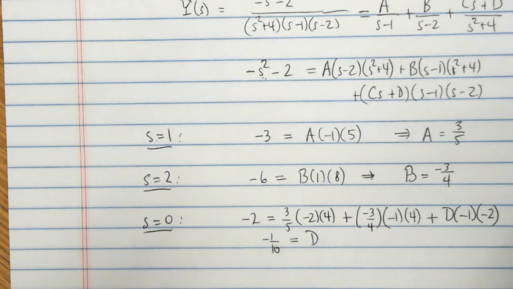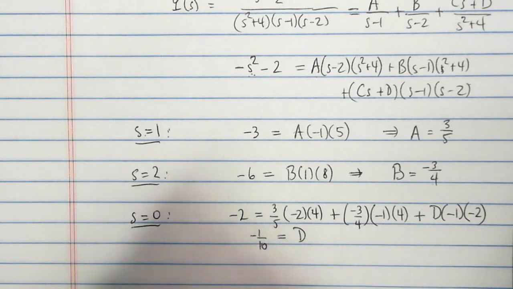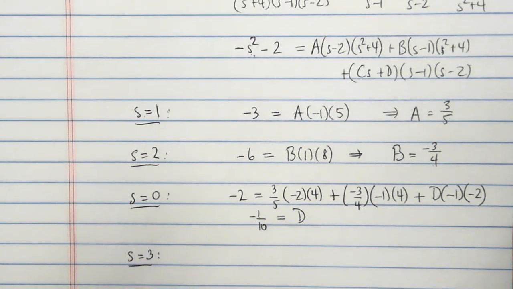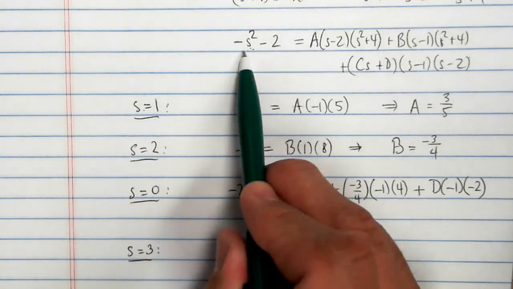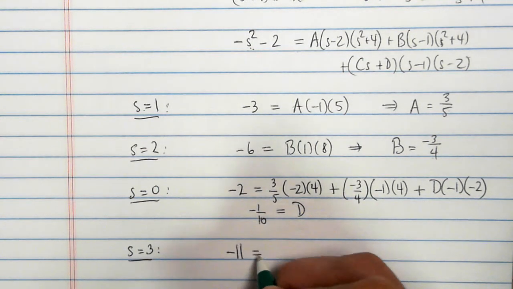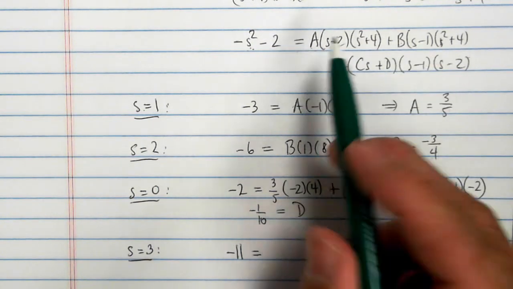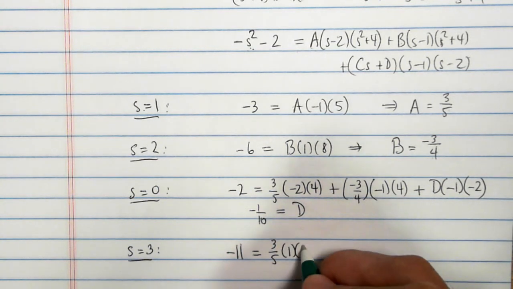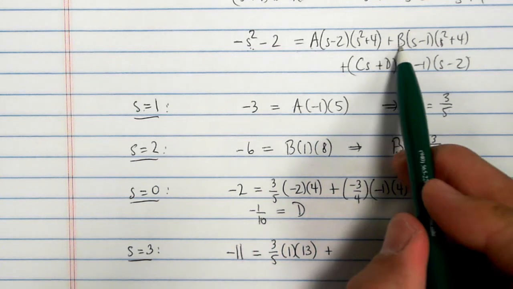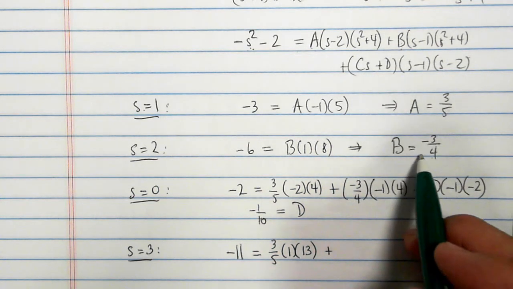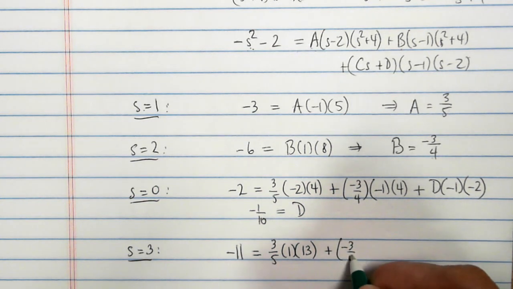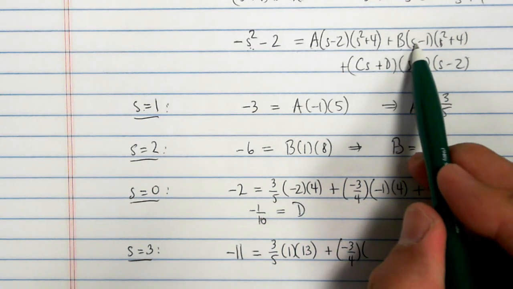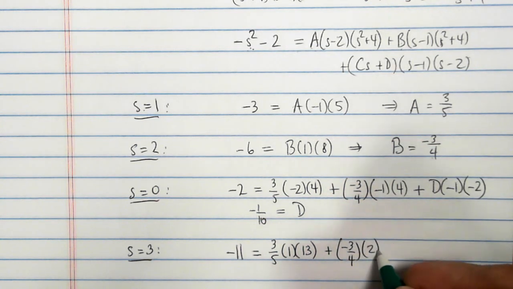And lastly, just plug in something else that's convenient and we can figure out what C is. So I'll plug in 3. Any other number could have been chosen, but I'll plug in 3. Plugging in 3 into everything, we get negative 11 on the left. On the right, we have A, which is 3/5, times 1 times 13. Then B, we have negative 3/4, times 3 minus 1 is 2.